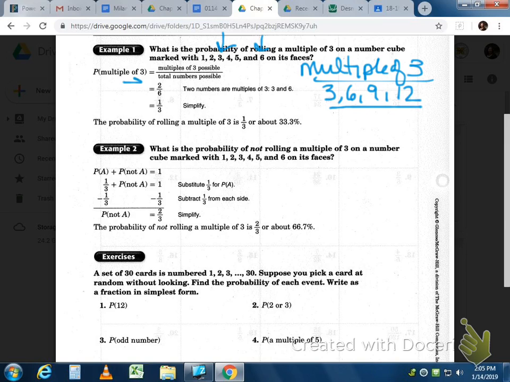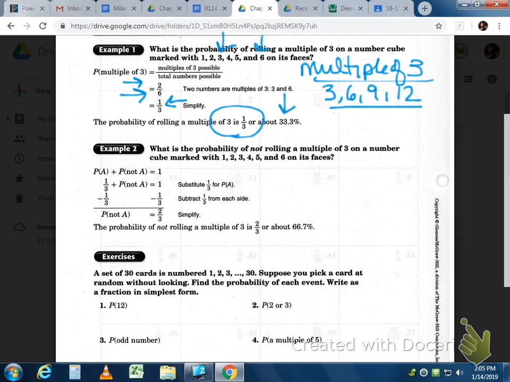So there are 2 favorable outcomes over 6 possible outcomes because there are 6 sides on that number cube. So 2 over 6 would reduce, and you're going to give your probabilities today in reduced fractions. So 1/3 would be your probability of rolling a multiple of 3.